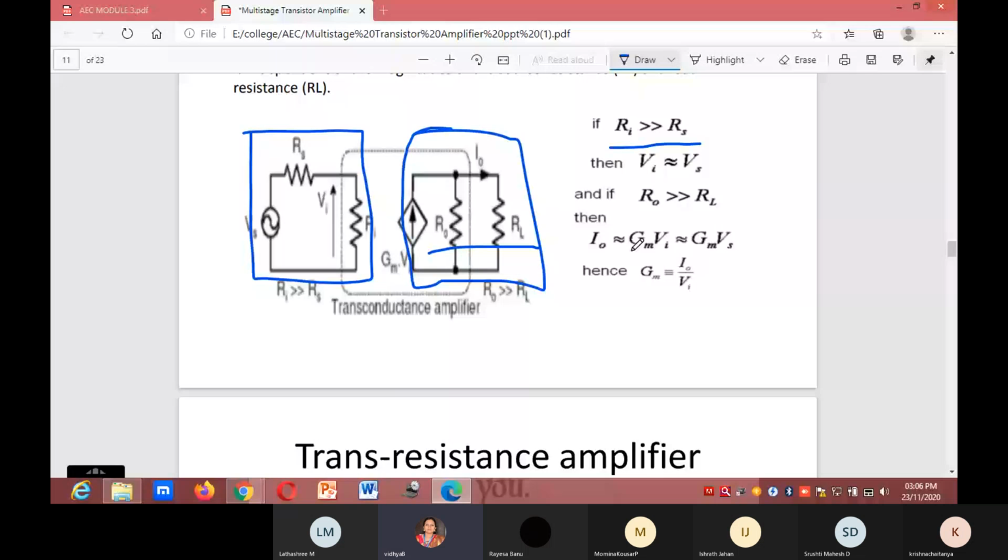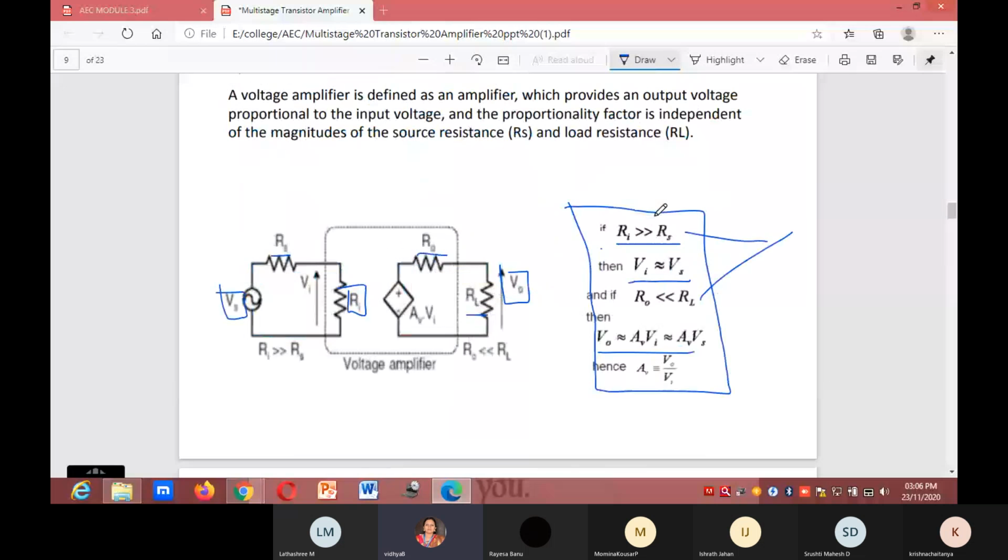Vi is equal to Vs when Ri is greater than Rs. These two resistances are in series, similar to the voltage amplifier. In the voltage amplifier, the starting case is Ri greater than Rs, that we have considered.